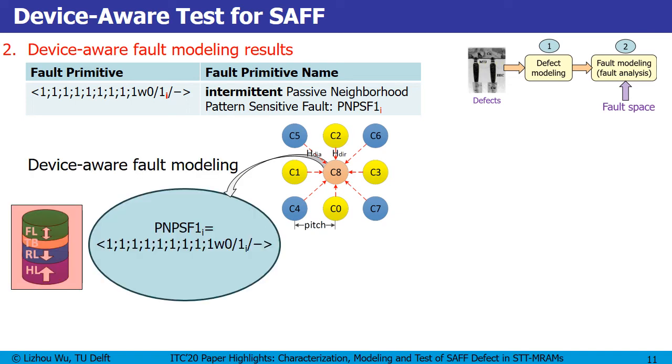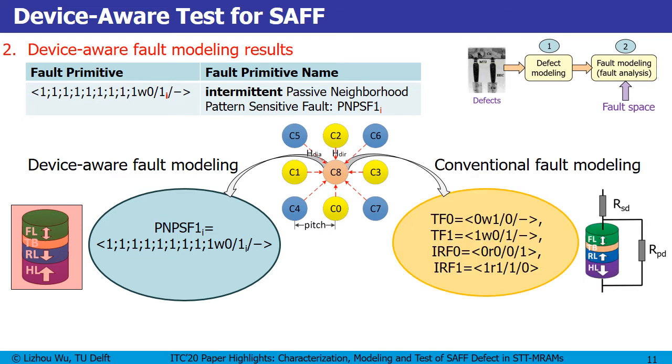We can also compare the fault modeling results between these two different approaches. The DAT approach leads to an intermittent fault, while the conventional approach gives us 4 fault primitives. And you can see there is no overlap between these two approaches.